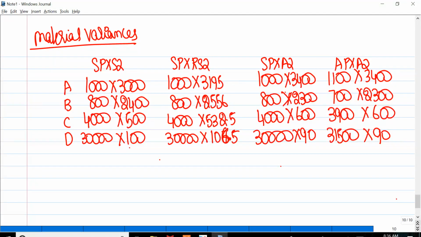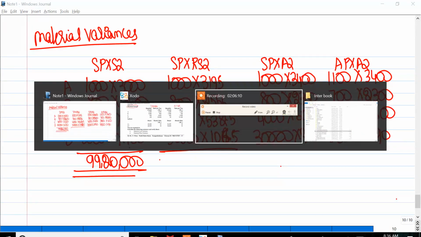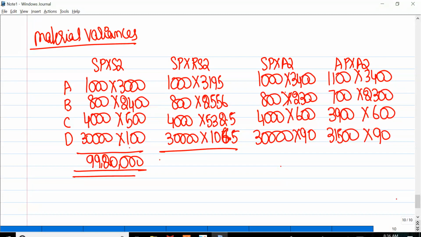Can you tell me the total of the first column? 90. Second one. Just for practice, the concept remains same. Doing this problem only for the purpose of practice.